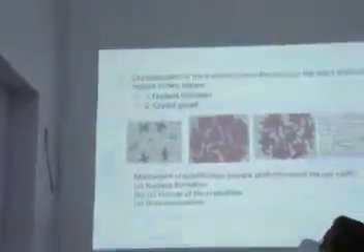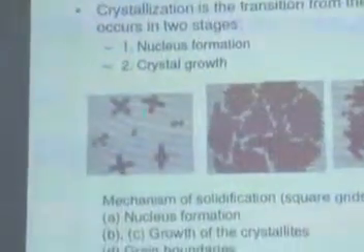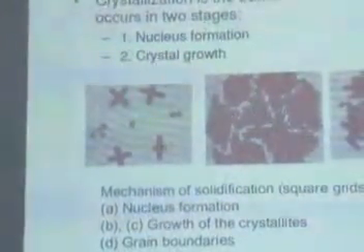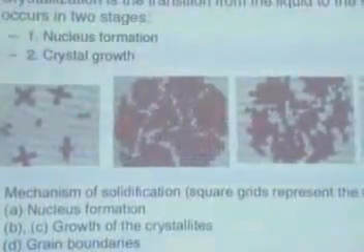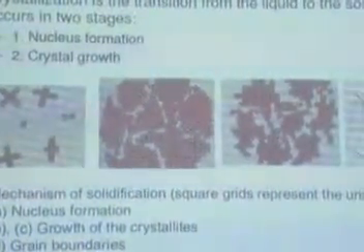Number one, first the nucleus is formed, like this small nucleus, and then around the nucleus the crystal is grown. One can see here it is growing. This is the second one growing.